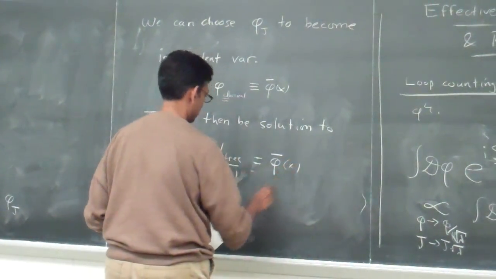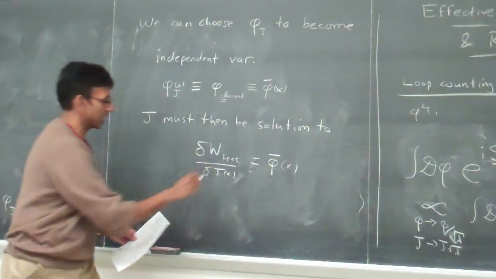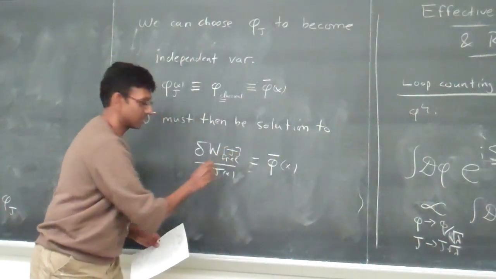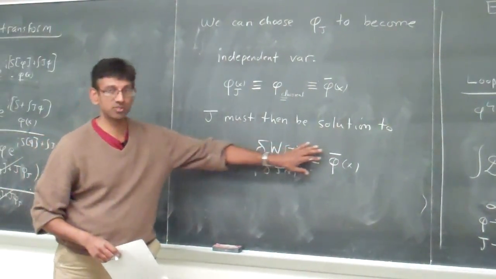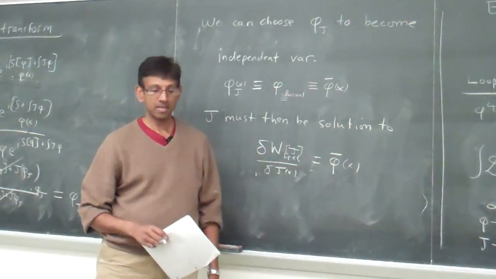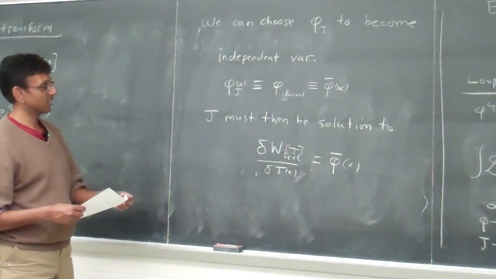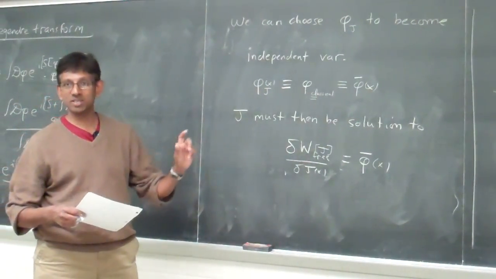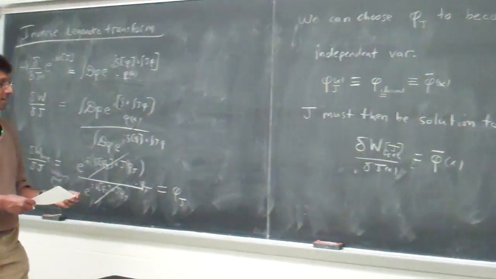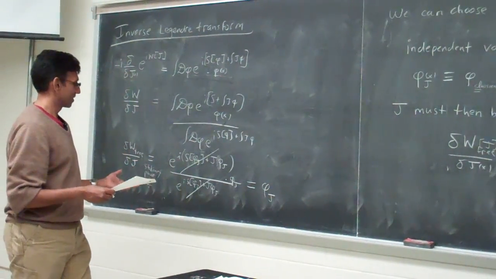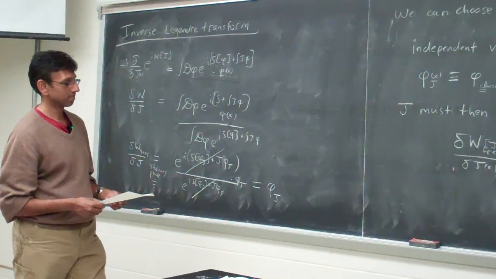They better find the J as a function of space-time, the J which solves this equation. If they do that, then they've effectively turned who is independent and who is dependent around. And we've got the inverse Legendre transform staring at us.